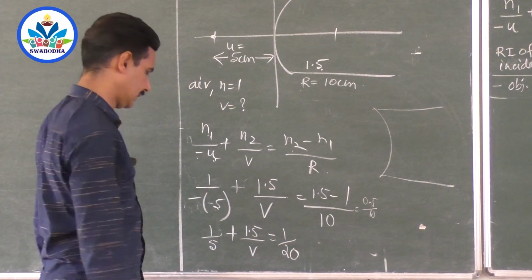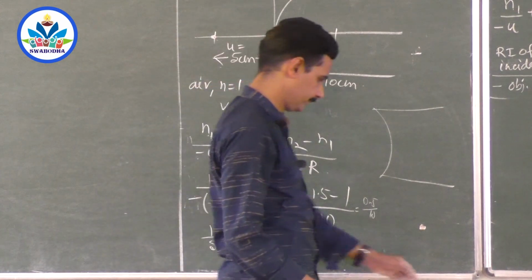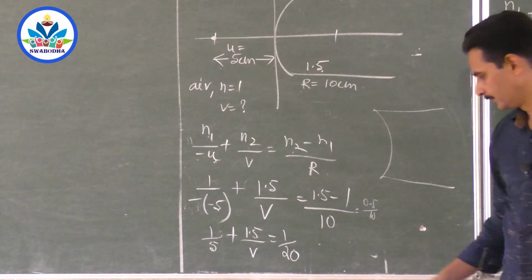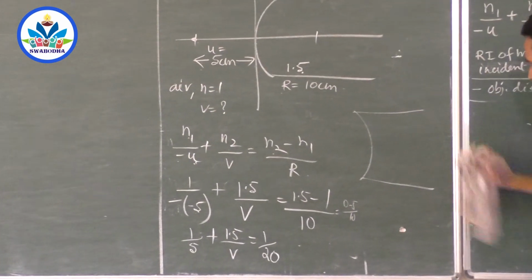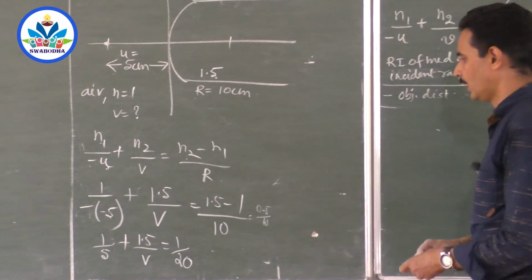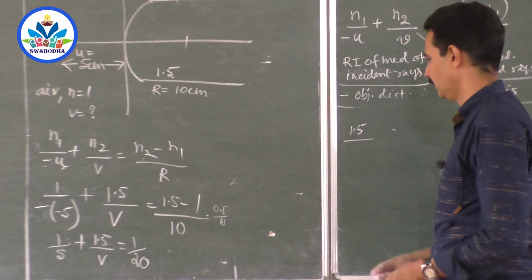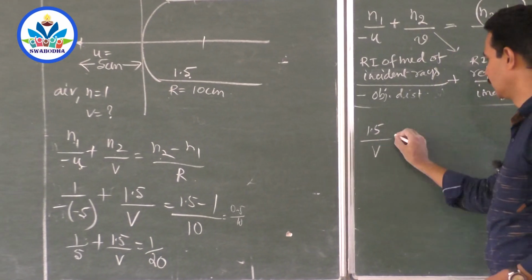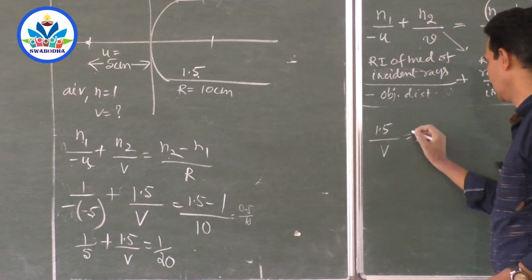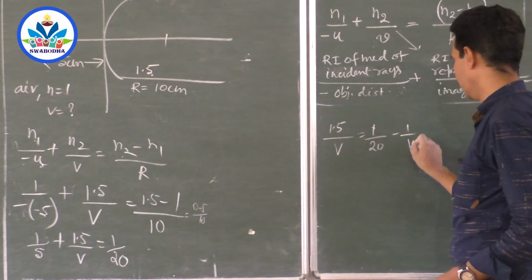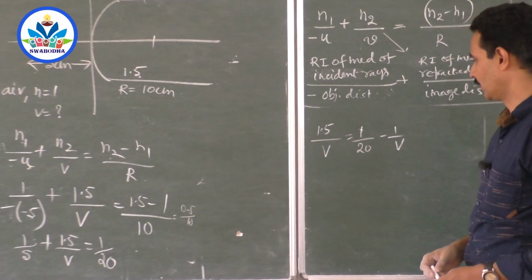It is 1 by 20. Now, 1 by 5 I will take to the other side: 1.5 by V is equal to 1 by 20 minus 1 by 5.